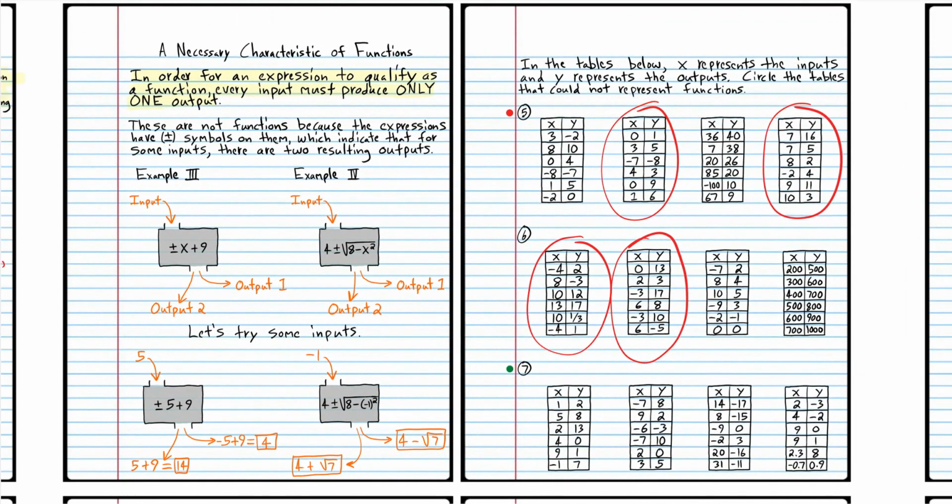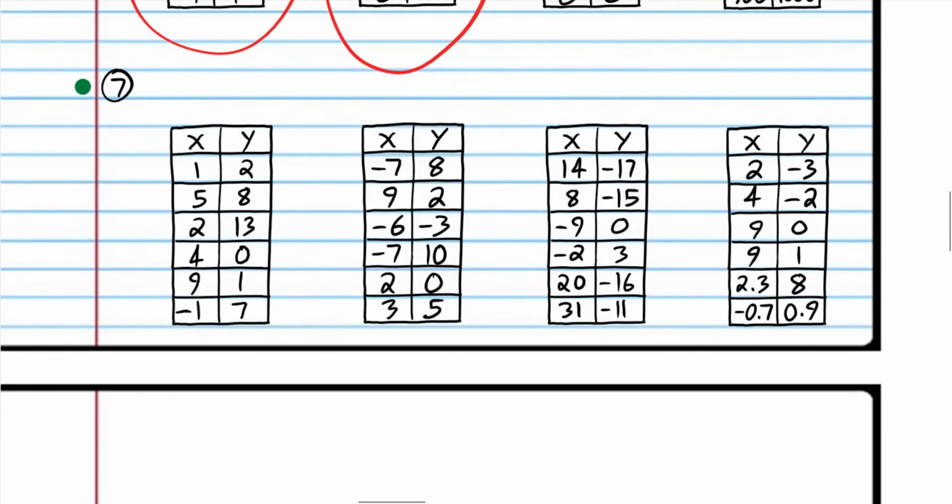Again, if there's a number that's repeated in the X column, then that means that most likely the table cannot represent a function. So try number 7. When you come back, we'll do it together. Alright, we're back.